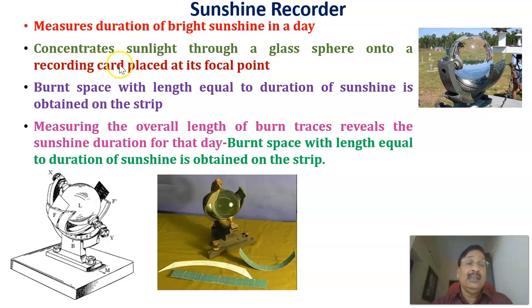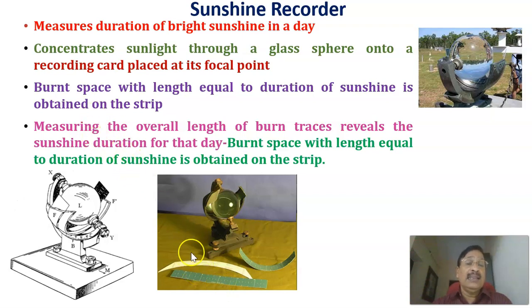That recording card gets burnt, and a burnt space with a length equal to the duration of the sunshine is obtained on the strip. Therefore, a strip card is there, on which the sunlight is made to focus, and that strip gets burned.